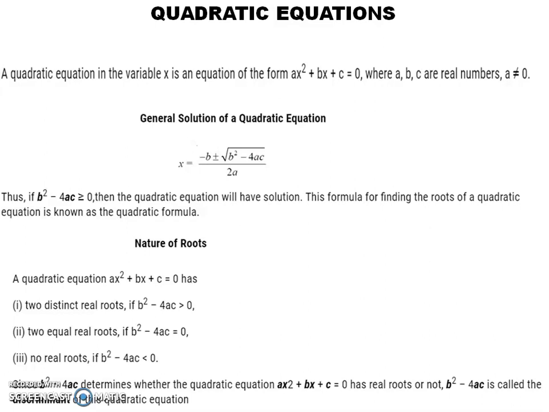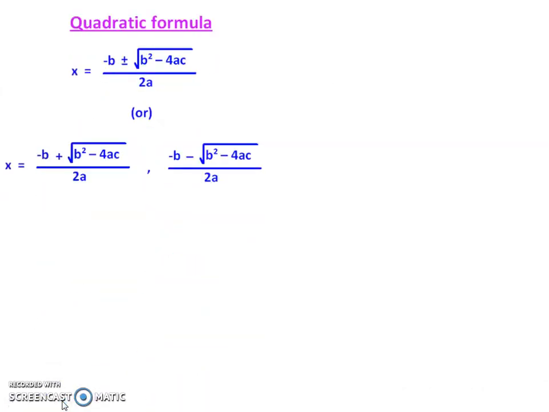Let us see this nature of roots in detail. You know, this is the quadratic formula. X is equal to minus b plus or minus root of b square minus 4ac by 2a. That is, you have two solutions. The first one is the addition and the second one is the subtraction formula.